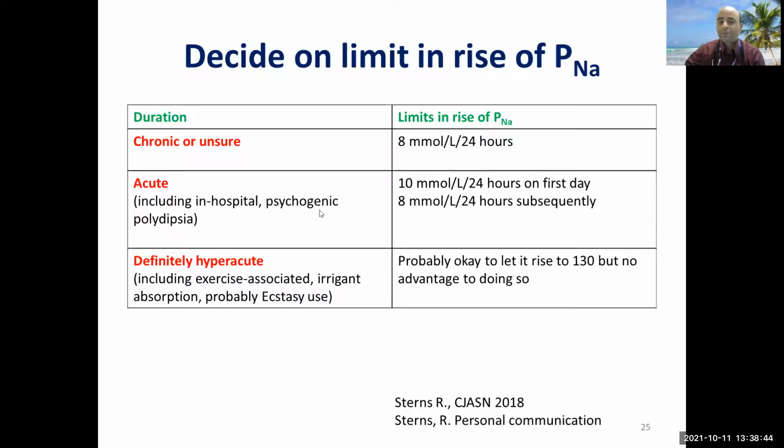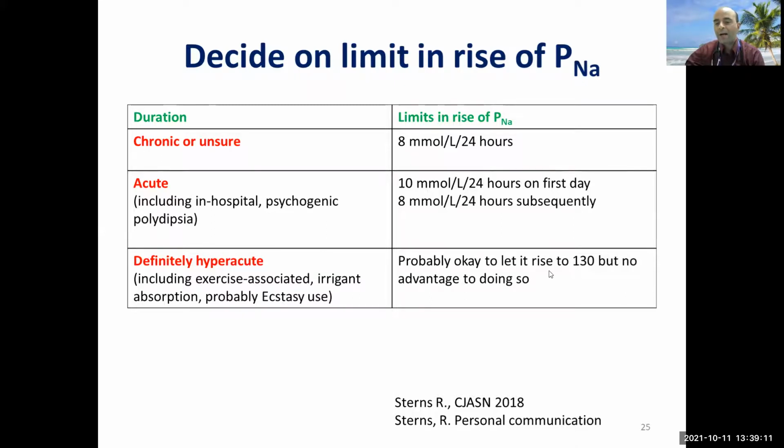If acute, including in-hospital psychogenic polydipsia, your limit is 10 millimole if acute in hospital, or 8 millimole otherwise. Definitely hyperacute, including exercise, marathon running, or post-surgery, TURB, uterine resection, or a patient who received recreational drugs, ecstasy.